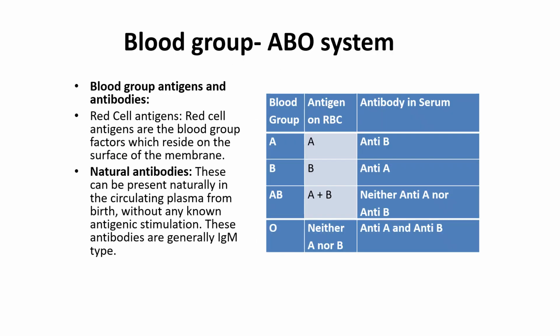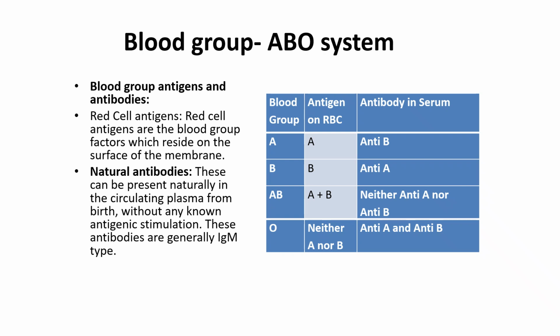Now we will see the blood group system. So there are two types, ABO and RH. These antigens are present on the surface of the RBC, and by that we can see the blood groups. And natural antibodies, they are IgM type, they are present in plasma. So a total of 4 types of ABO blood groups are there, that is A, B, AB and O. So A contains A antigen and anti-B antibody in the serum.